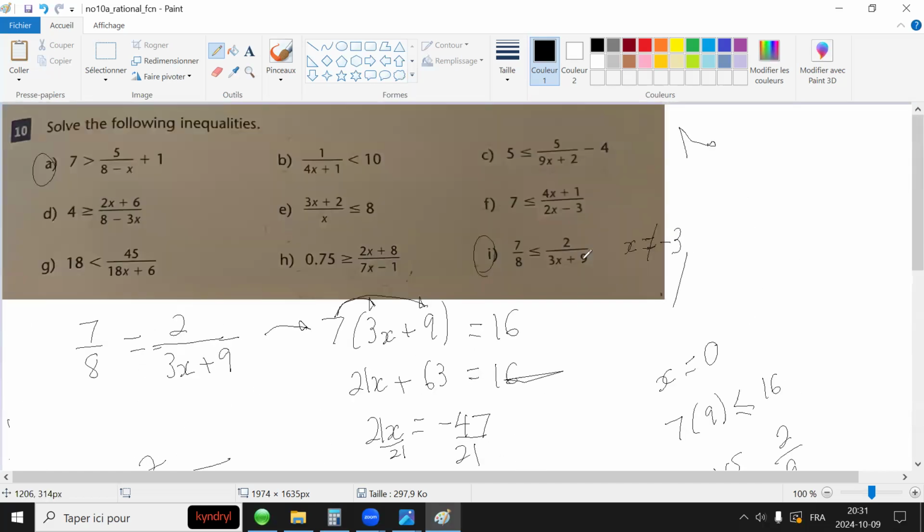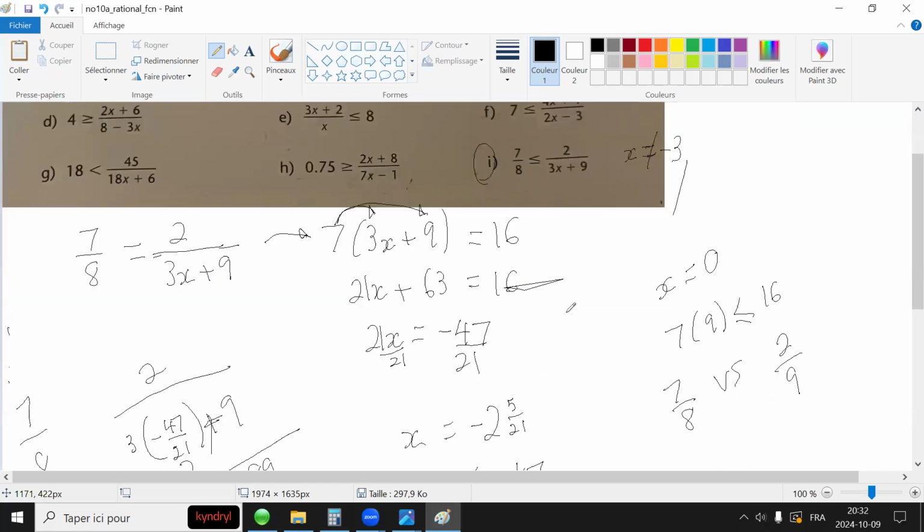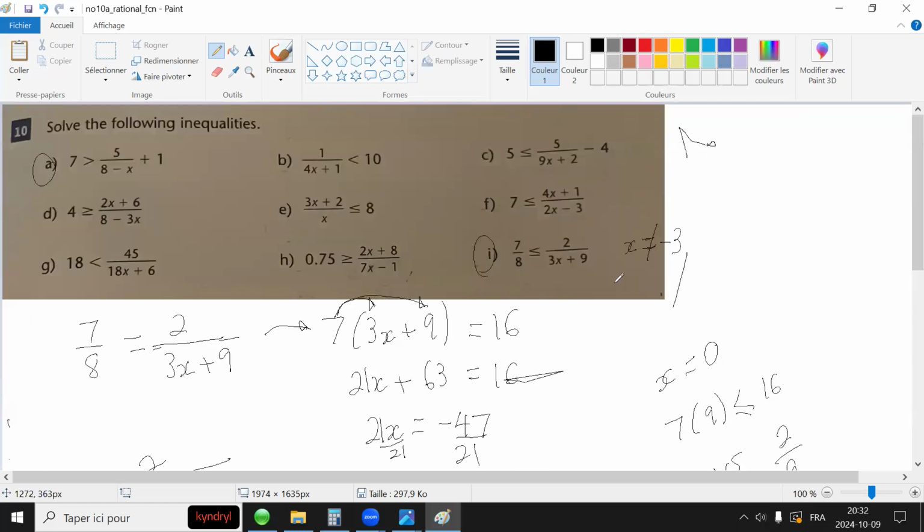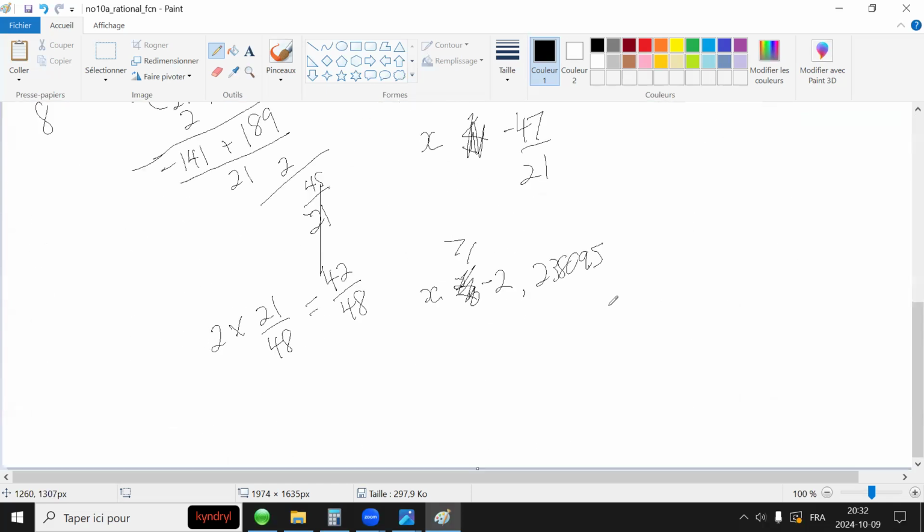Because if I have x equals 0, that's gonna give me something smaller than that. So yeah, it needs to be bigger than that. So the x, yeah, sorry about that. It needs to stay that way. So I mean x should be bigger than that. Oh, it needs to be smaller.